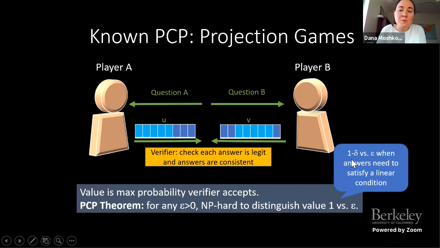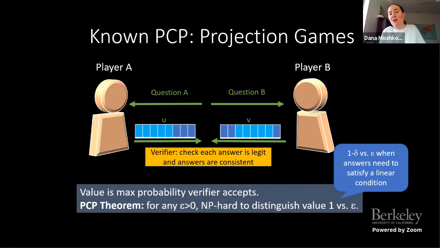The completeness now has to be 1 minus delta, because if all the constraints are linear, it's always possible to find an assignment that satisfies everything, right? Because it's just Gaussian elimination. So you have to introduce some completeness error. But it turns out that the completeness error can be an arbitrarily small delta, and you'll still be able to show this big gap is NP-hard.